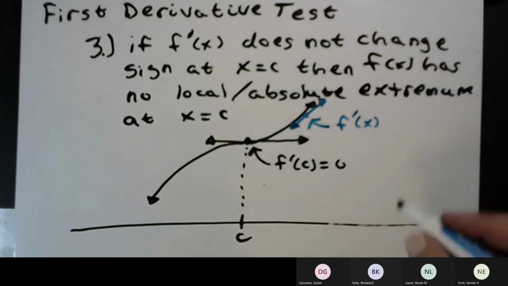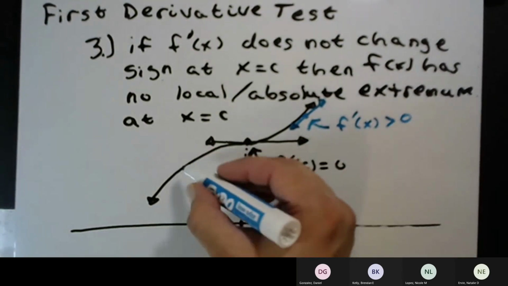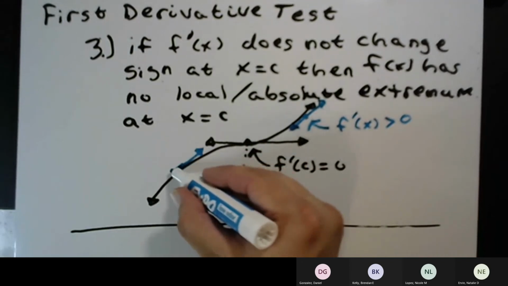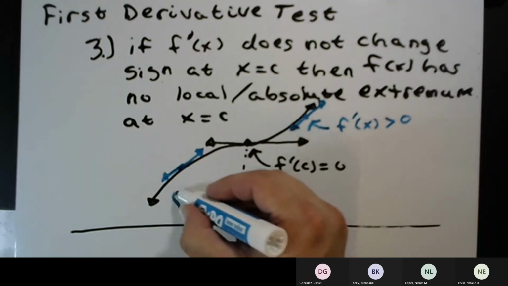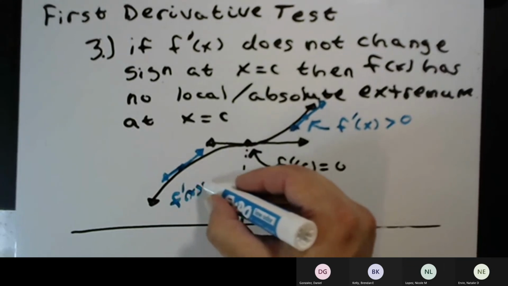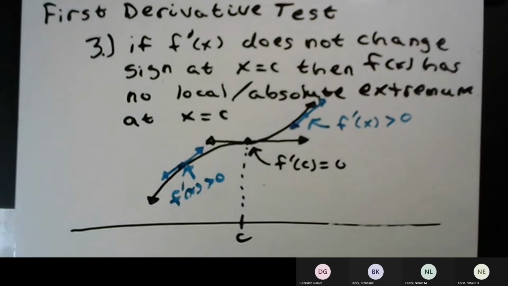That's a tangent line with a positive slope. So that means the derivative is greater than 0. But on this side over here, we're going to see the same thing. Plus, plus, plus, plus, plus, 0.